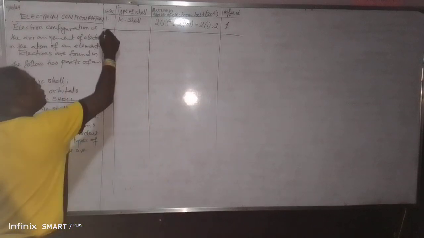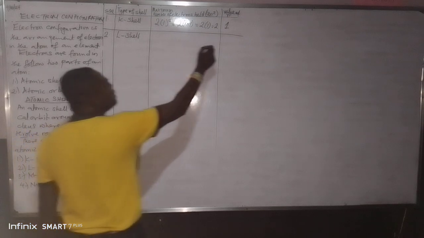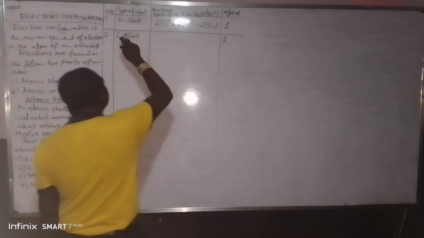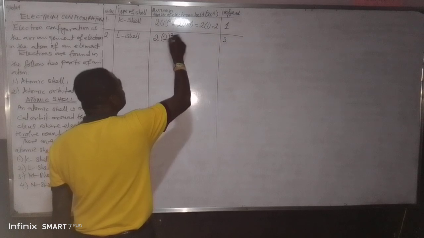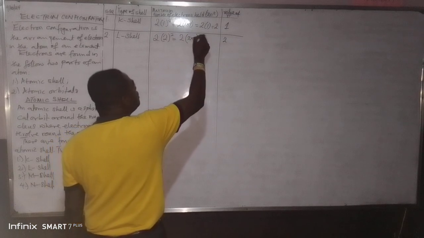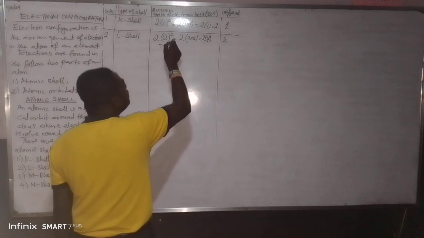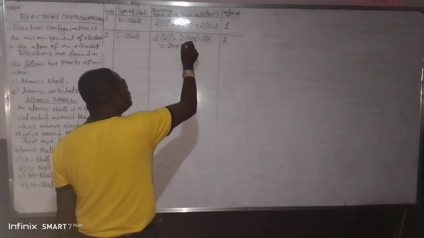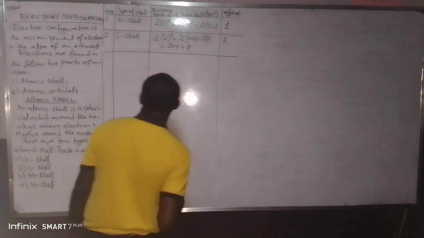Then we have number 2, L shell. In L shell, the value of n is 2. 2 into 2 squared gives me 2 into 2 times 2, which is 2 into 4, which is 8. So L shell can carry a maximum of 8 electrons.